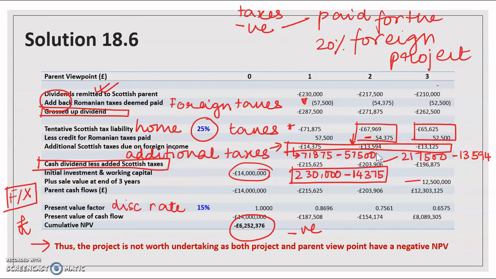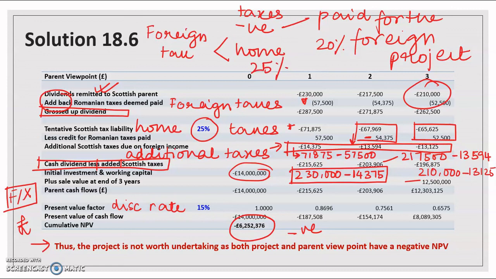For the third year, it will again be 210 minus 13,125. So have a go at this and see how you're getting the cash dividend. Cash dividend less additional home taxes. Additional home taxes because your foreign market tax is lower than your home market.